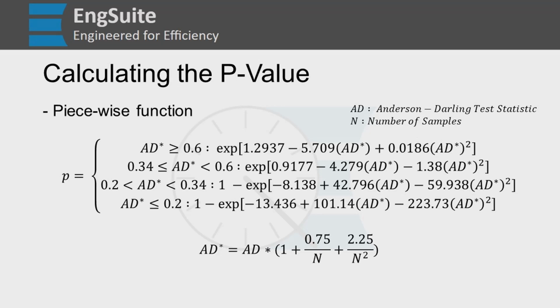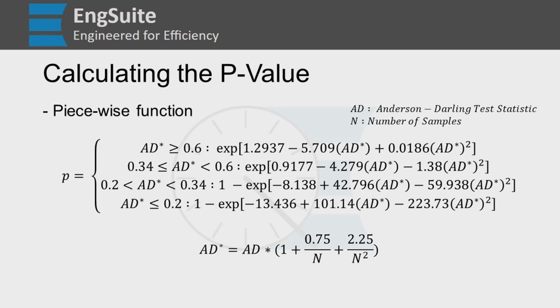If we have a value of AD star that is greater than 0.2 but less than 0.34, we use this equation. Now, I'm not going to read these all out because it's just a lot of constants and exponents. And for AD star less than or equal to 0.2, we use the last function.